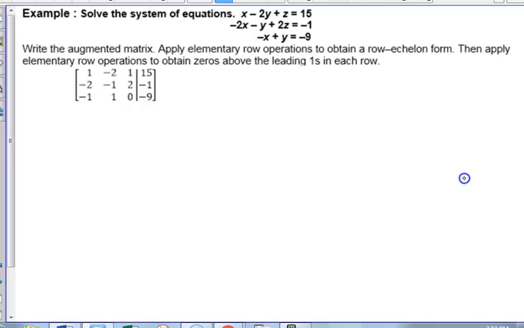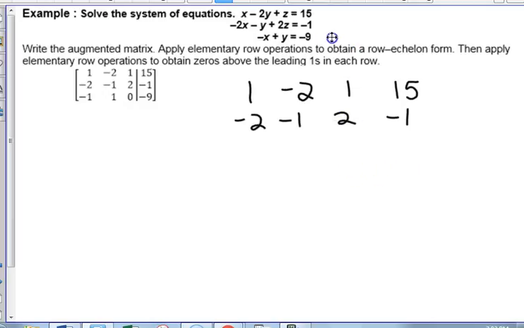All right, what's tricky about this first step on this problem? One, -2, 1, and 15. Everybody lost yet? The next row would be -2, -1, 2, and -1. That's what you'd enter in your calculator in a minute.